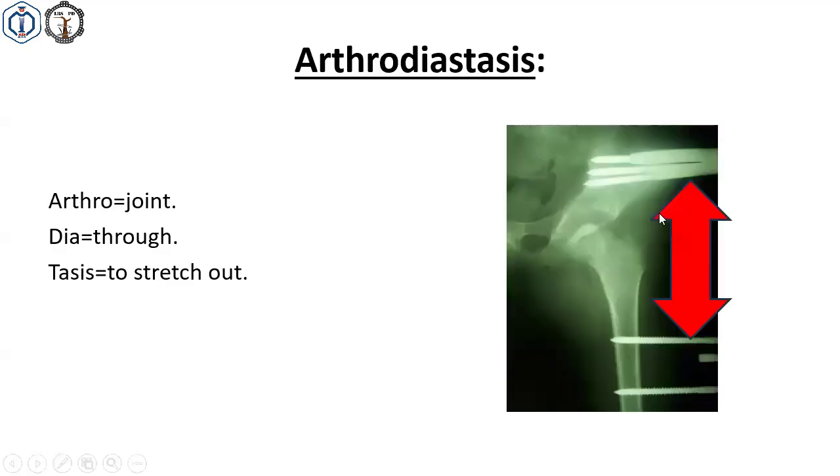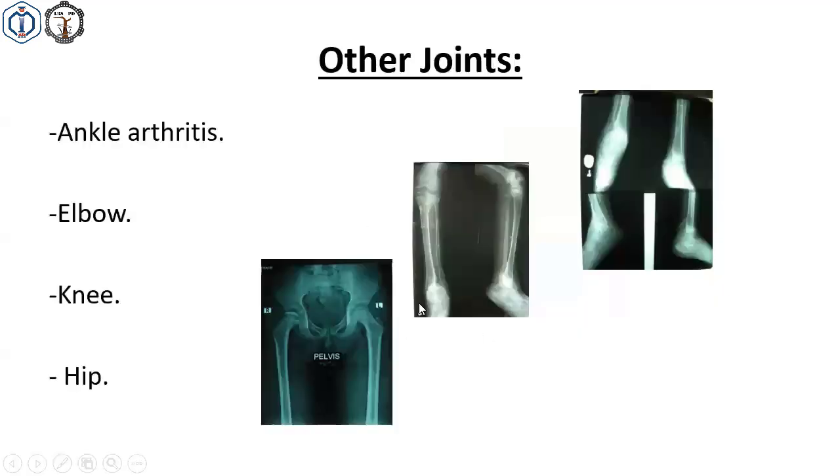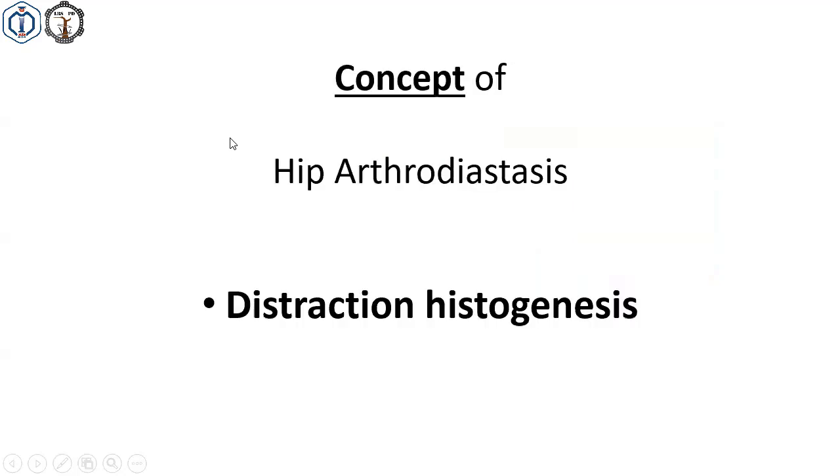Arthrodiastasis is a distraction through a joint, so it does not belong to the hip joint only, but may also be used in some cases of the knee, elbow, and ankle.